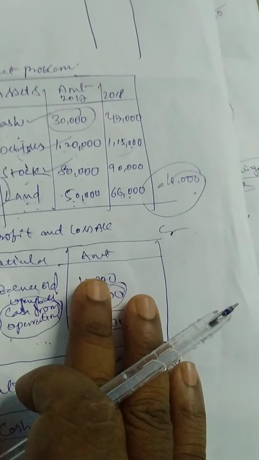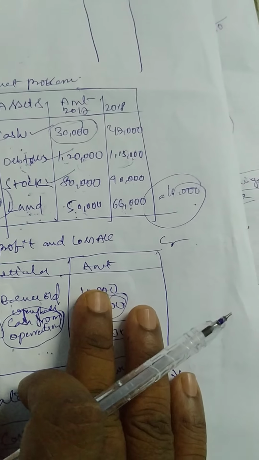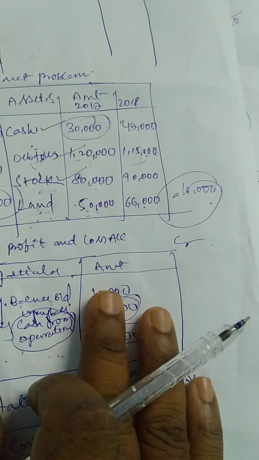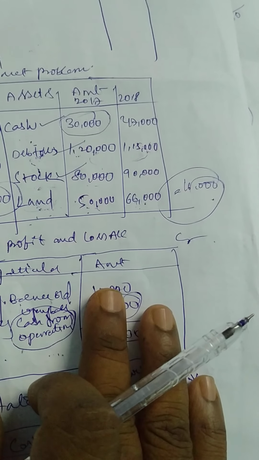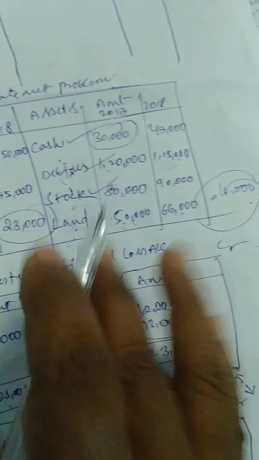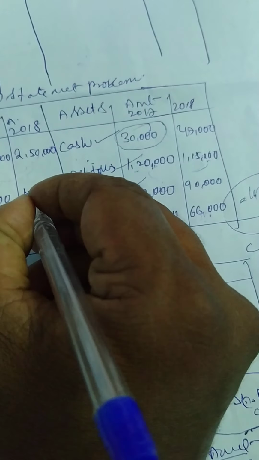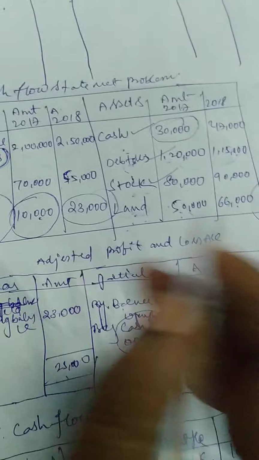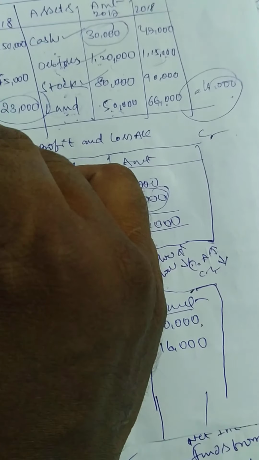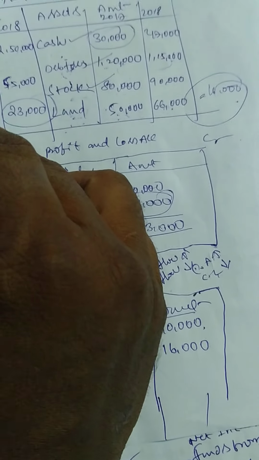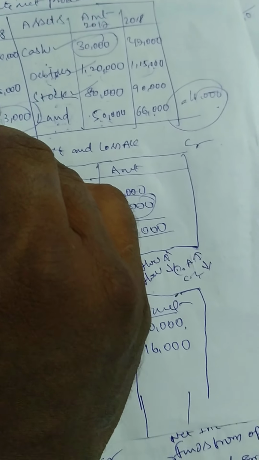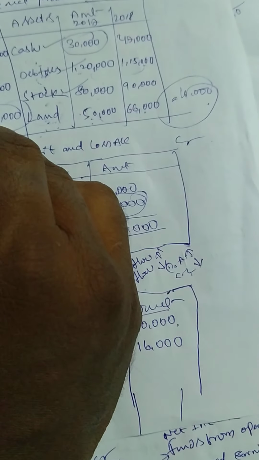Okay, 70 and how much? This is not 45, this is 55. Creditors 55. So is it increase or decrease? It is decrease. 70,000 and 55,000. So it is decrease, right?